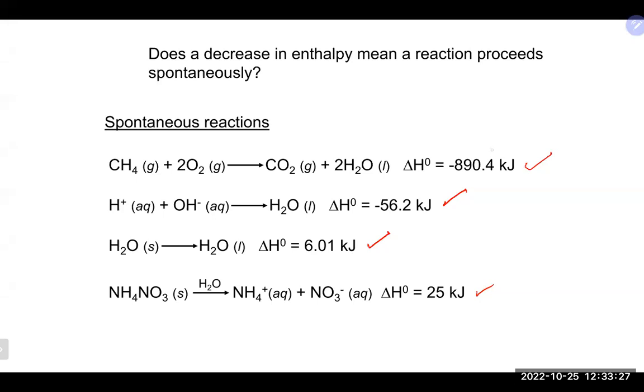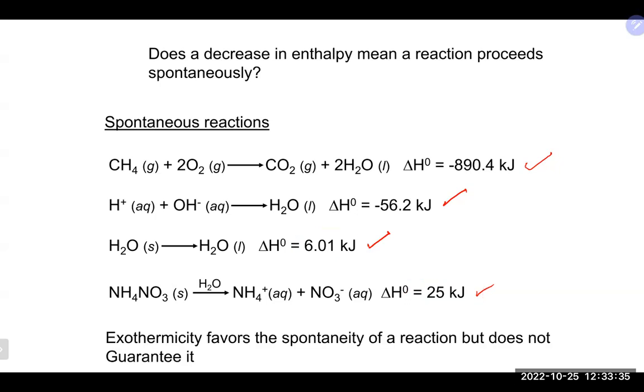So in certain cases, as we see here, some of these processes are exothermic and some of these processes are endothermic. But you could have a spontaneous reaction occur whether or not it's endothermic or exothermic. Probably the easiest one to visualize is the ice cube example, right? You take the ice cube out, you just drop it there.